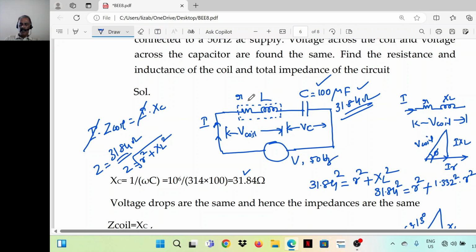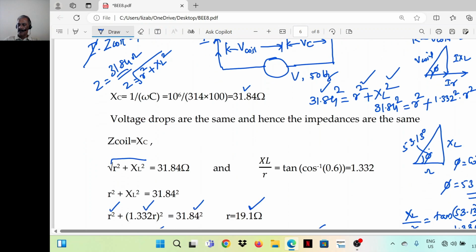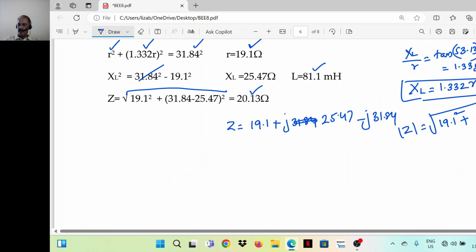Impedance of the coil is square root of R square plus XL square. So R square plus XL square is equal to 31.84 square. Then power factor of the coil is given. From that we can derive this relation: XL is equal to 1.332 R. Then we can solve the problem.